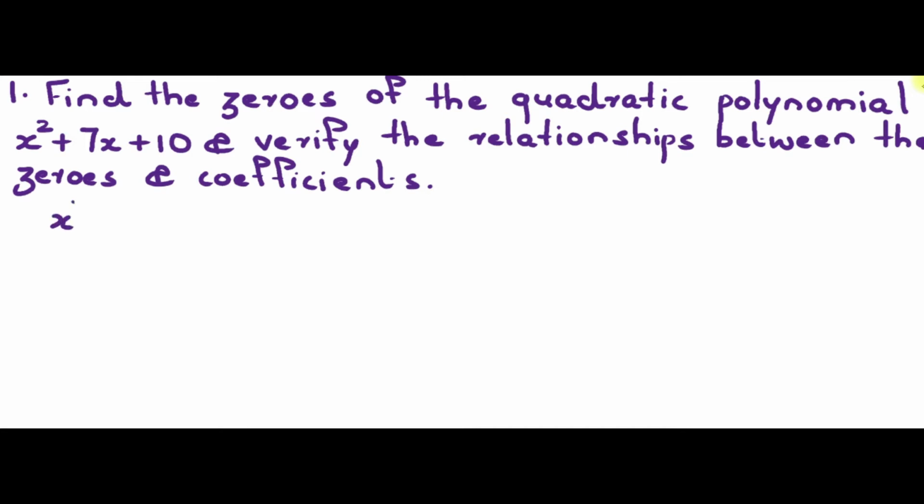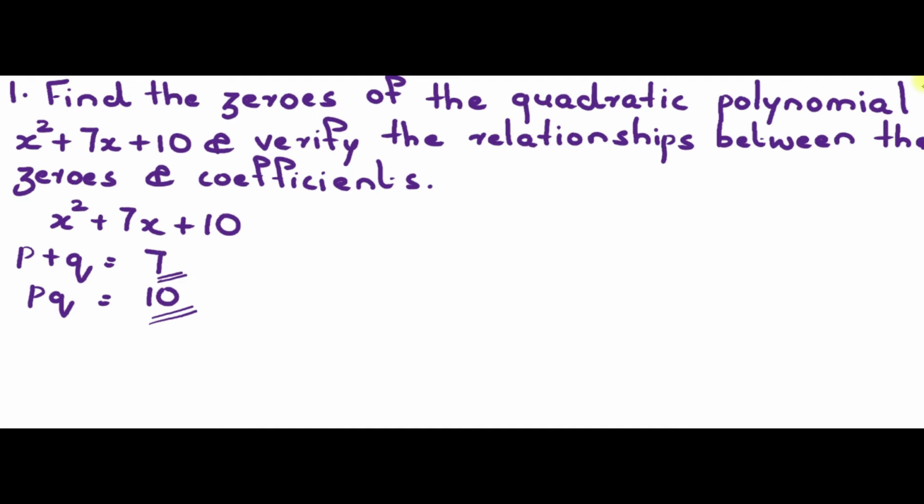Here, x square plus 7x plus 10. You know that coefficient of x square is 1. So, you can directly go for applying sum of the terms is 7 and product is 10. So, you have to find two numbers in such a manner that whose sum is equal to 7 and whose product is equal to 10.